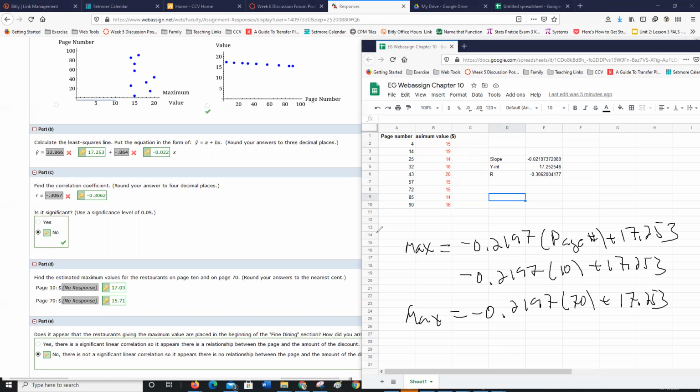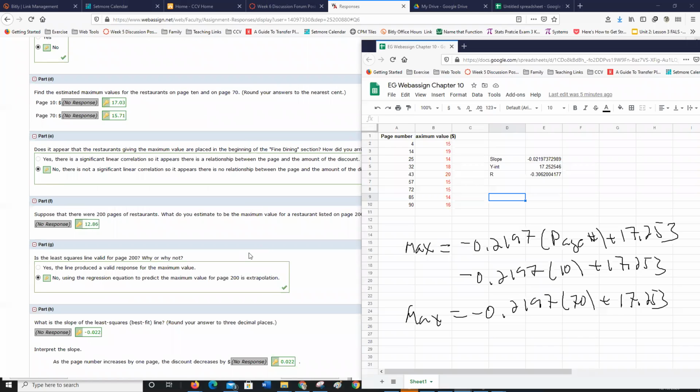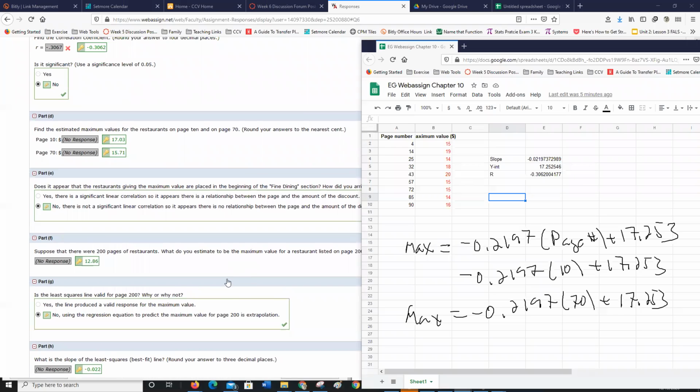And then, let's see, I think there's one more, isn't there one more below here? Suppose there were 200 pages. So that's definitely an example of extrapolation, because it's way outside the collected data. See, 10 pages is inside the data, 70 pages is inside the data.